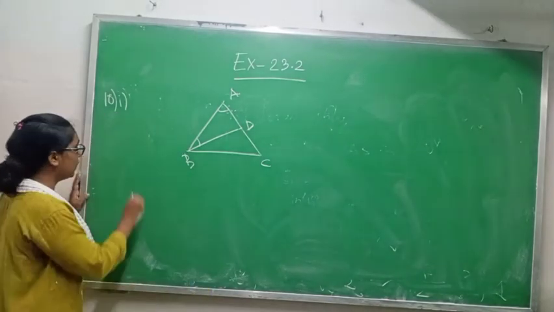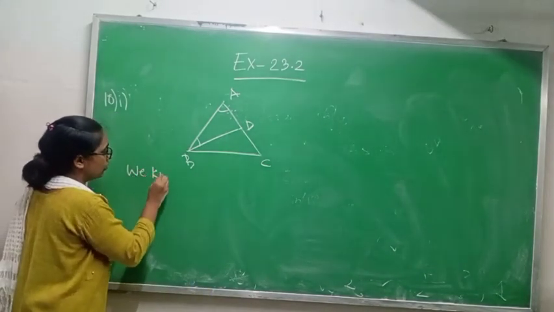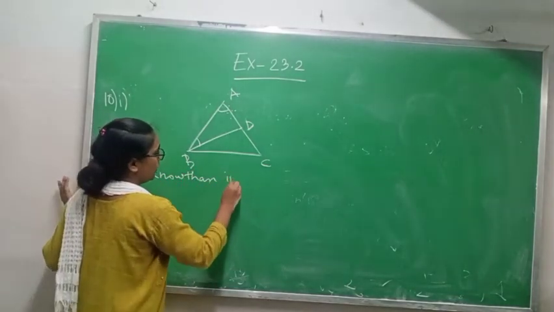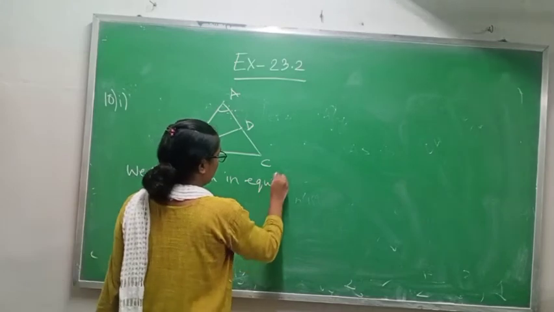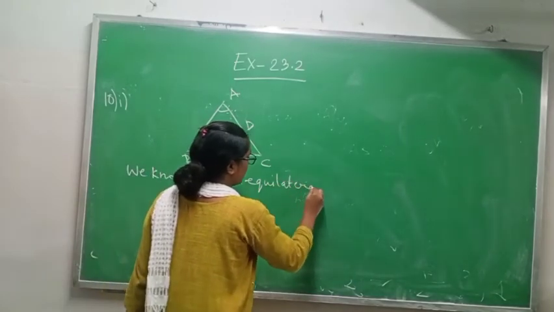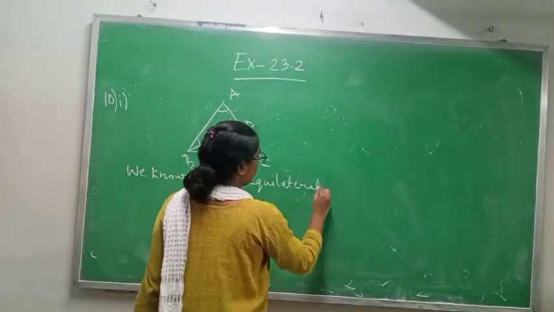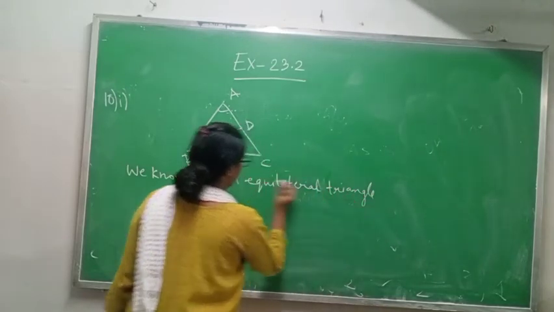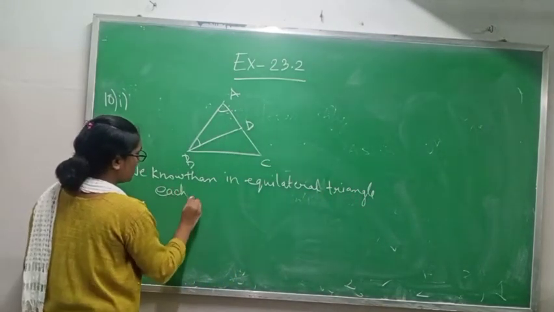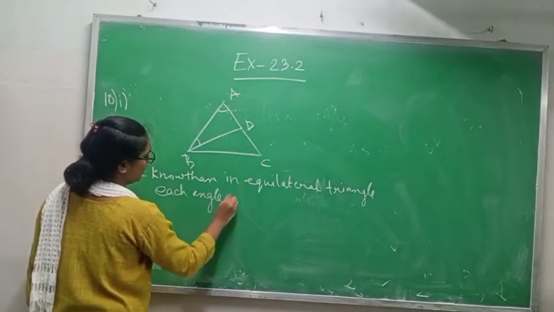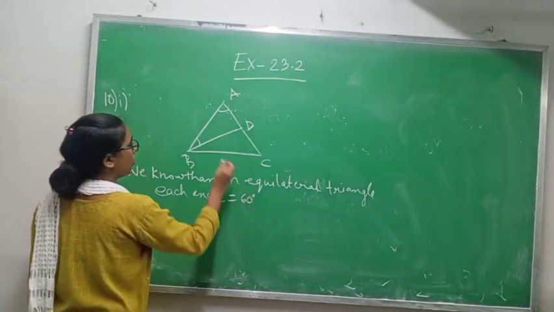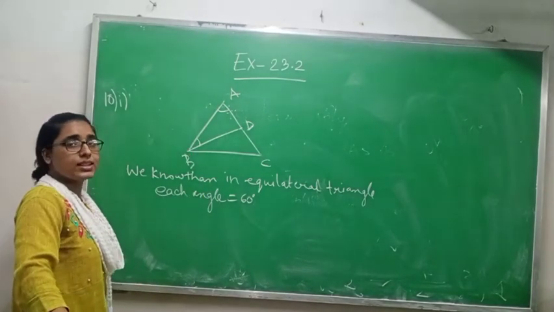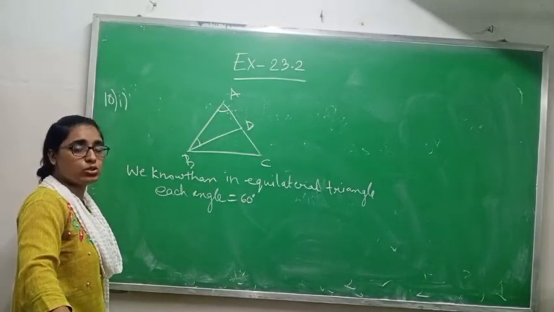First of all, we will write: we know that in an equilateral triangle, each angle equals 60 degrees. Because equilateral triangle means all sides are equal. If all sides are equal, it means all angles are also equal.